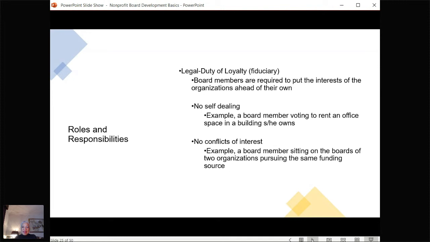But in an ideal sense, you don't want to be in a position where you have every board member also getting something financial out of the deal, right? All of your board members getting paid somehow, all of your board members getting contracts, or getting some sort of fee, right?